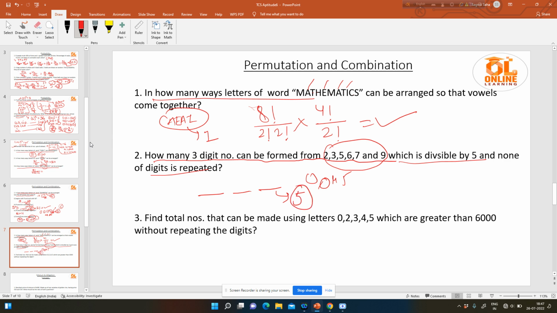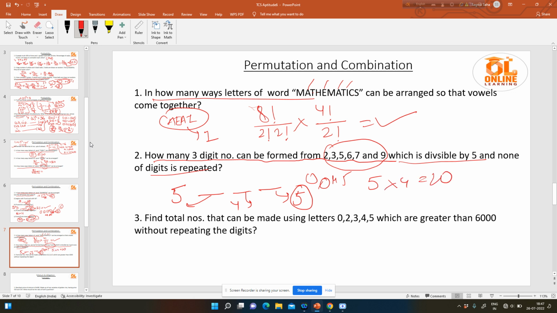So we are fixing the last place with 5 only. So how many digits are left for us? 1, 2, 3, 4, 5. So in first place we can put any of the 5 numbers, right? Okay, because 5 is only taken in the unit place. Now in this place, how many numbers are left? 4 numbers are left. So we can fill this place with 4 numbers. So in how many total ways can we solve this? It would be 5 into 4, that is 20 ways.